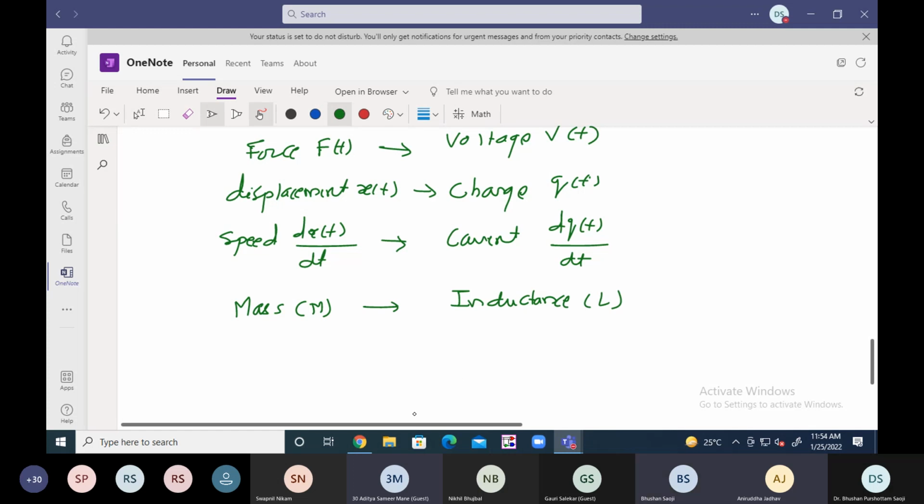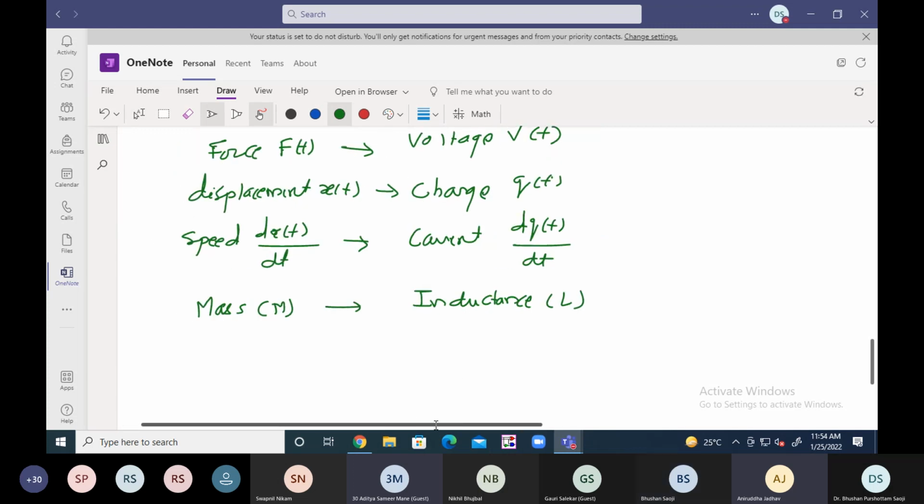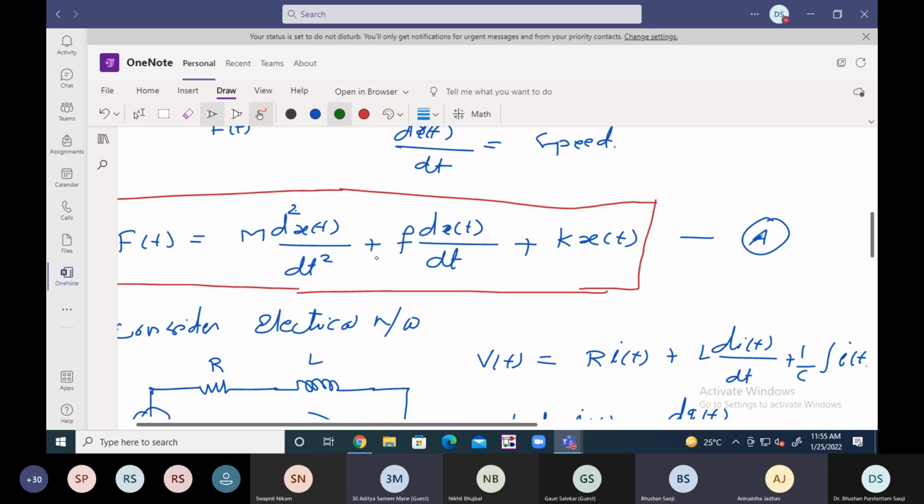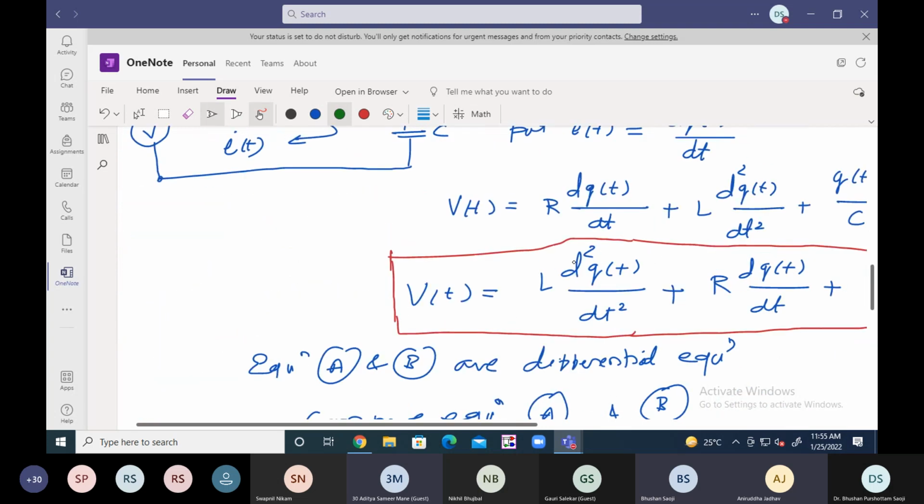Now see here, in f of t the second term is f into dx of t by dt. And in v of t, what is the second term? That is R dq of t by dt.